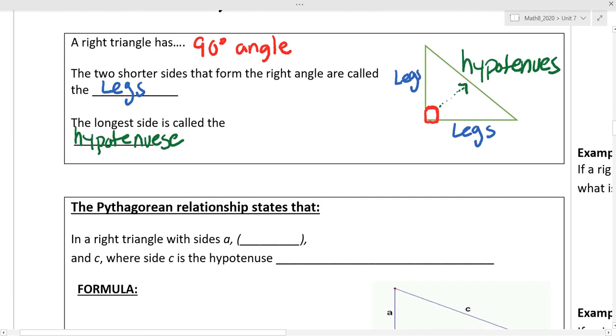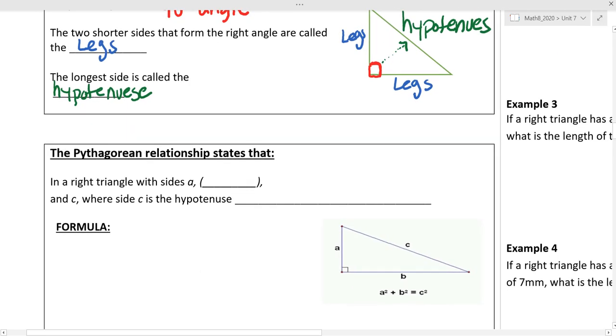All right. Okay. So, off from my little tangent here. In a right triangle, we have sides A and B, and the side C, which is the hypotenuse, and this is the longest side.